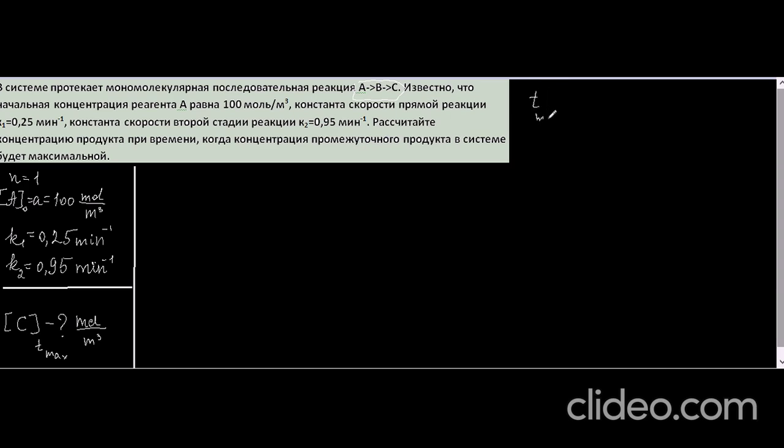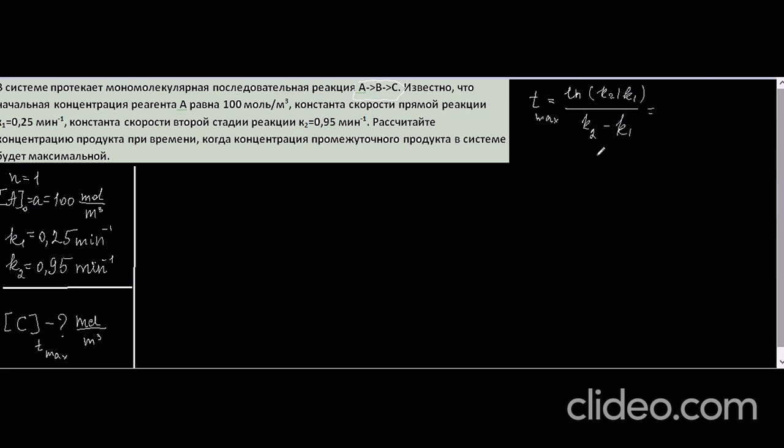T max is equal to the natural logarithm, or logarithm to the base e, of the ratio K2 over K1 divided by the difference between the two constants, right? And we know all the values which are incorporated into this formula, and if we get armed with a calculator, we can get the value of T max.